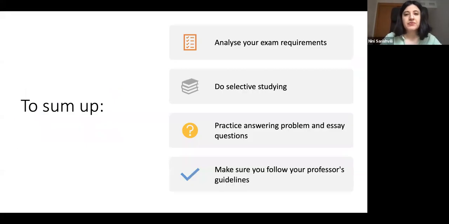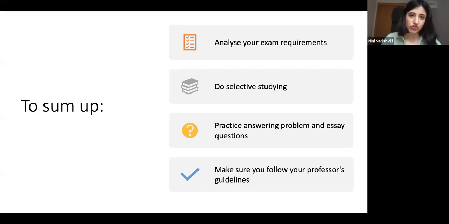To sum up, you need to analyze your exam requirements and plan your studying accordingly. Many students do not plan their studying until the exams come close. Do not make this mistake, because studying law is very hard and it requires a lot of time as well as practicing.